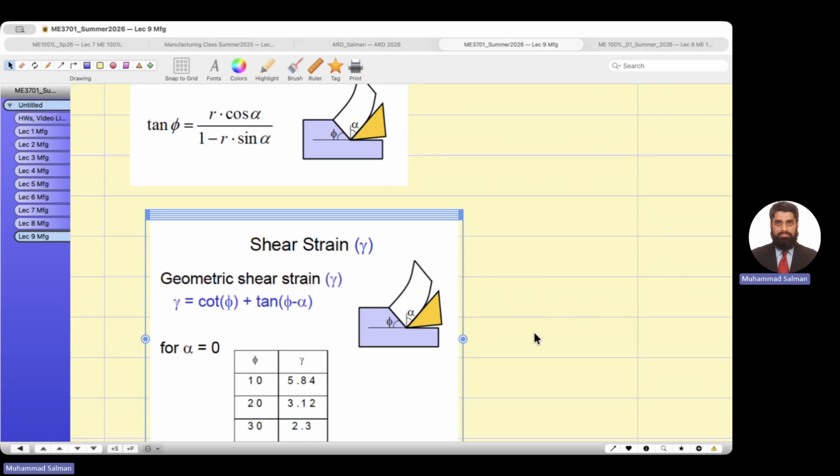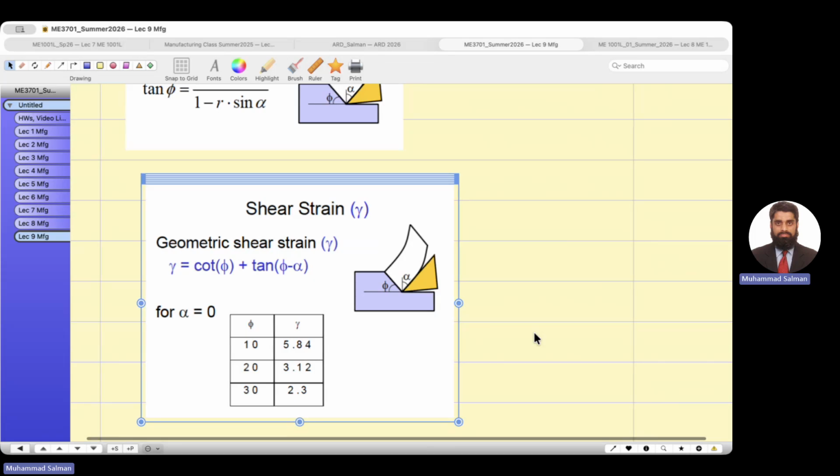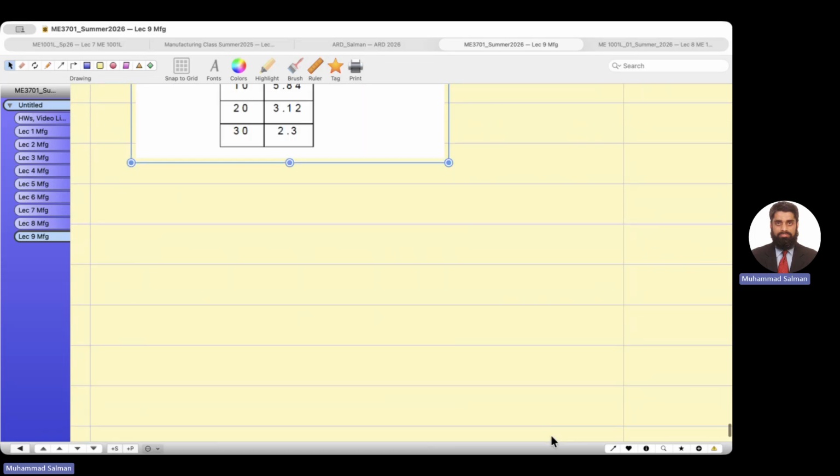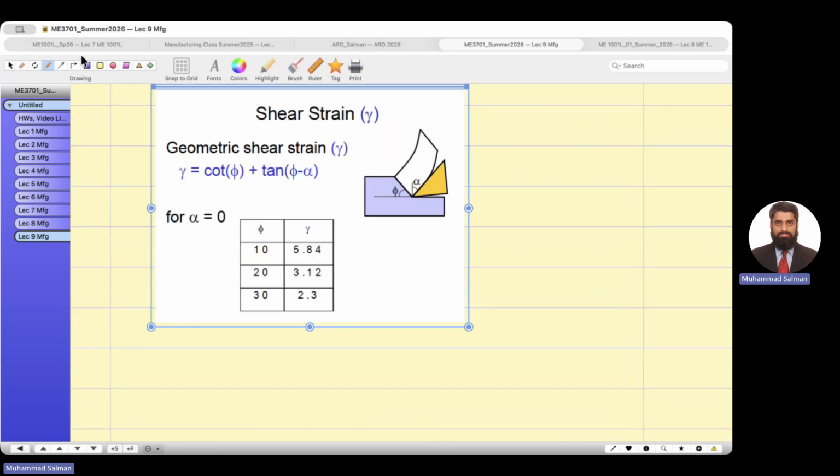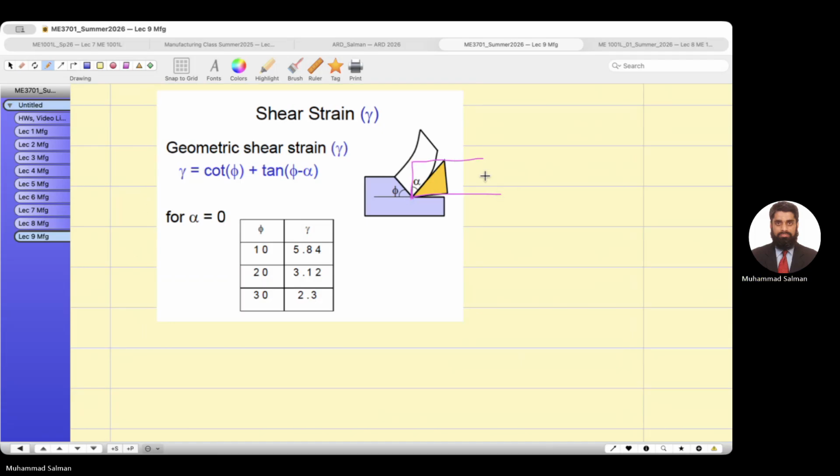So if alpha is 0 in this formula, where the rake angle 0 means this edge is like this, then as phi increases, the shear strain decreases.